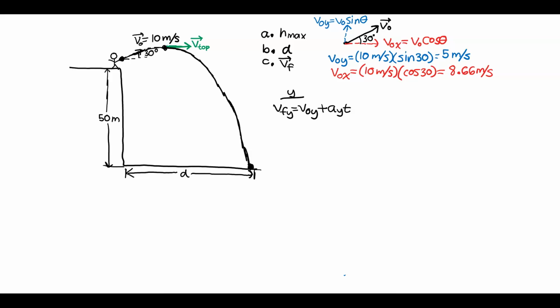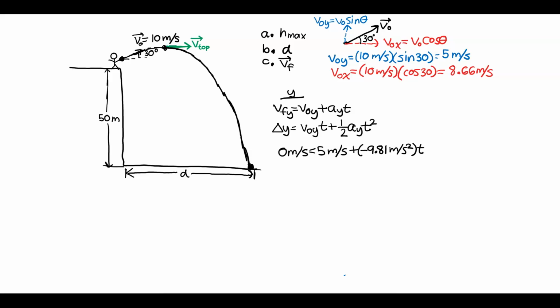Okay, we cannot use the other equation because we don't know delta y and we don't know t yet. So if we find t, we can then use the second equation. So let's find t using our first equation. Okay, so vfy is equal to 0. That means 0 meters per second equals 5 meters per second plus negative 9.81 meters per second squared times t.